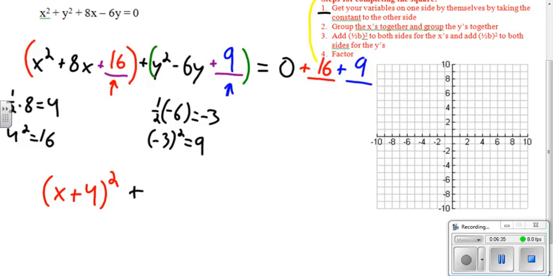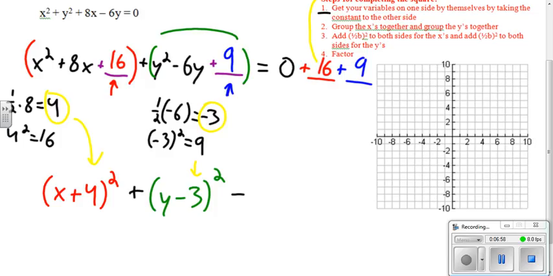And the piece over here, y squared minus 6y plus 9, that's the same as (y minus 3) squared. It's easy to know what these values are because here's your -3 and it goes right there. Here's your 4 and it goes right there. So that's where those values are coming from.